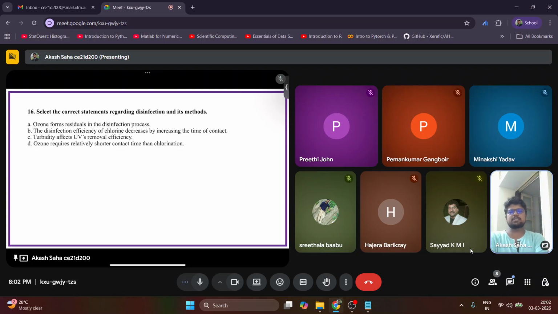Select the correct statements regarding disinfection and its methods. We have four statements here. Ozone forms residuals in the disinfection process. The disinfection efficiency of chlorine decreases by increasing the contact time. Turbidity affects UV removal efficiency. Ozone requires relatively shorter contact time than chlorination.